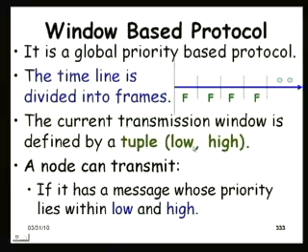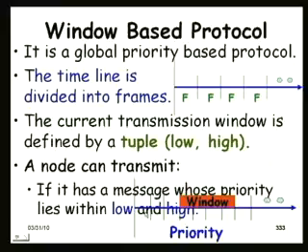So, every node maintains these two values, the low value and the high value. A node can transmit if it has a message whose priority lies within low and high priorities, but so can many other nodes. Many other nodes can find at the start of the frame that they have a message between the low and high priority value.